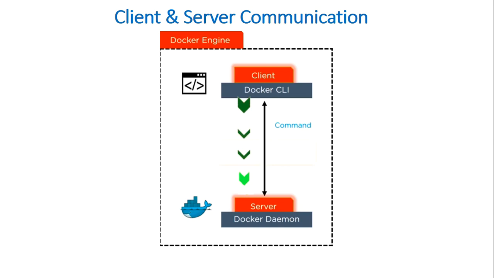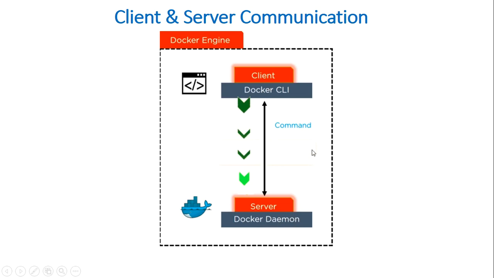And how does the communication get established, and what kind of commands do we usually use? As we said, we have the client and the server, and the Docker CLIs we discussed: the system command, PowerShell, and the terminals. How the communication happens is, once Docker is installed, we need to start the Docker service, which is nothing but the Docker daemon.